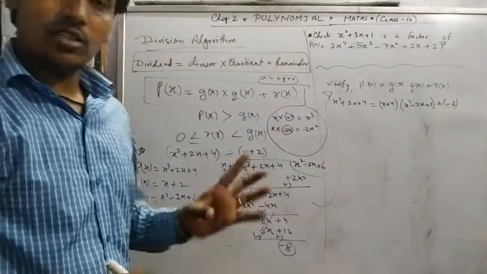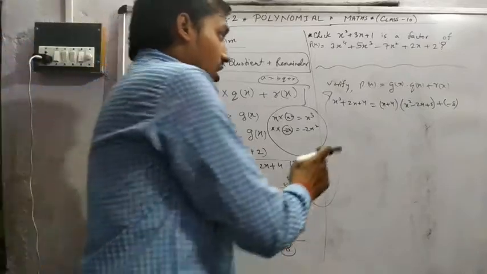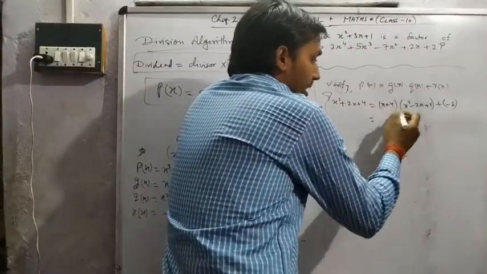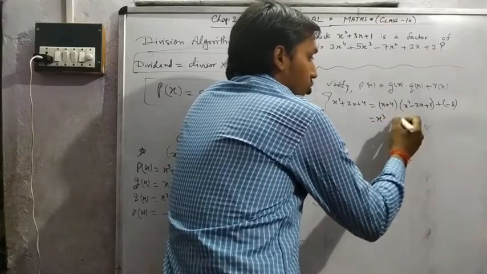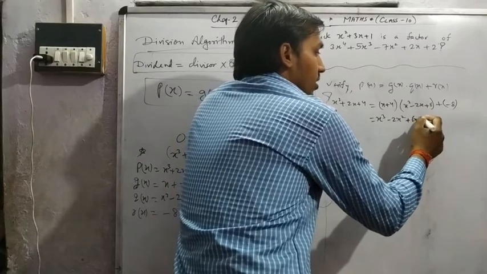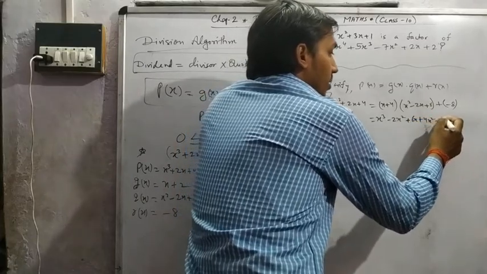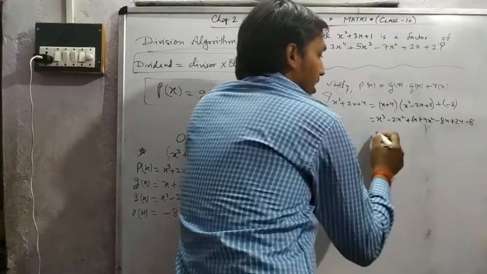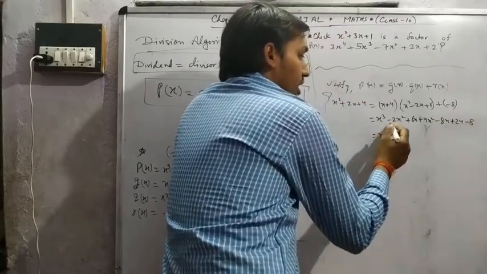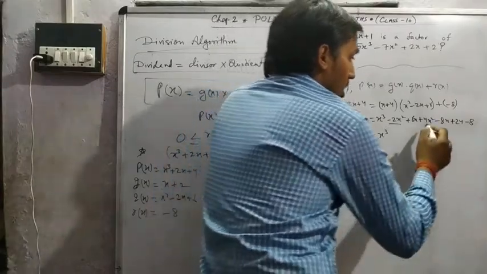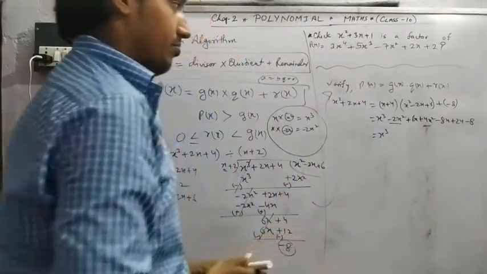Open all the brackets and you get left side equal to right side. x multiplying x square, x cube, minus 2x square plus 6x plus 4x square minus 8x plus 24 minus 8.